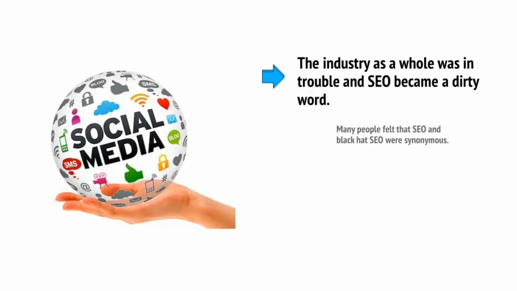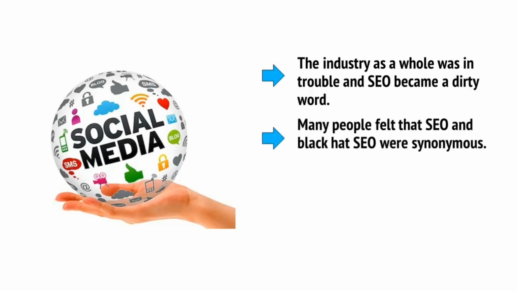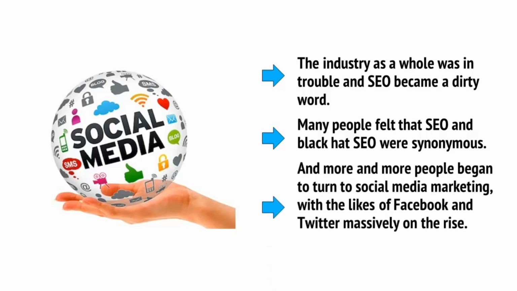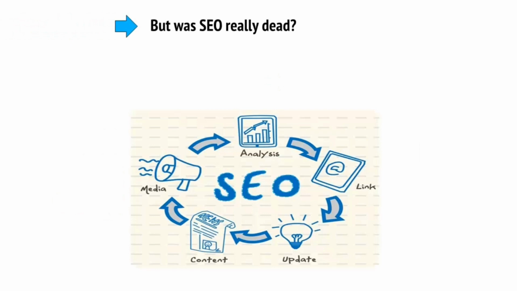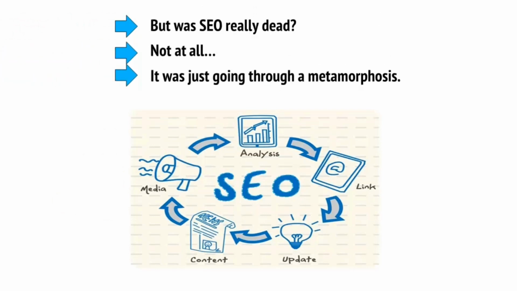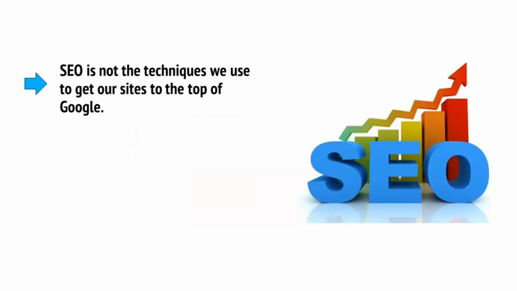Many people felt that SEO and black hat SEO were synonymous, and more people began to turn to social media for marketing, with the likes of Facebook and Twitter massively on the rise. But was SEO really dead? Not at all. It was just going through a metamorphosis. SEO is not the techniques we use to get our sites to the top of Google.